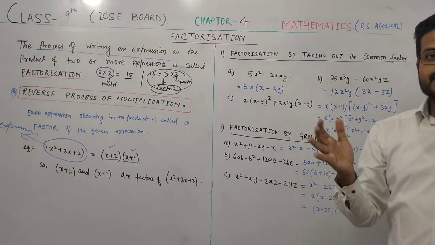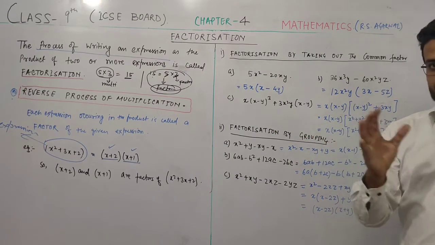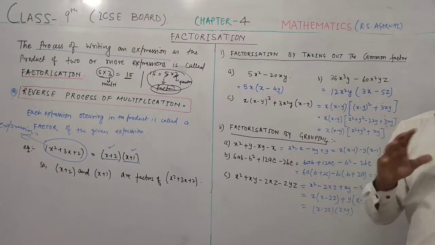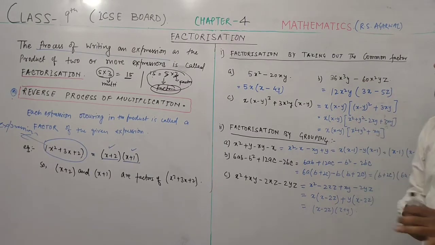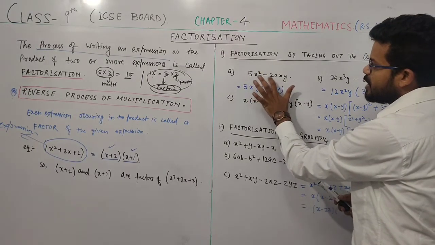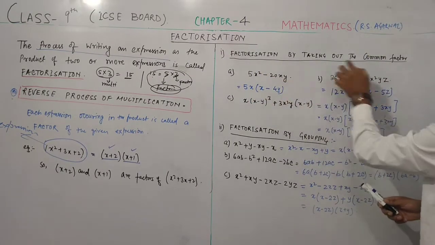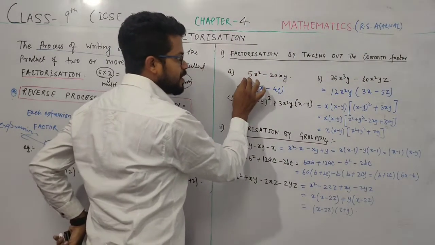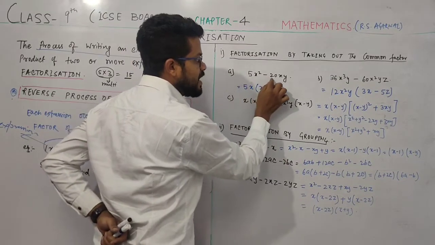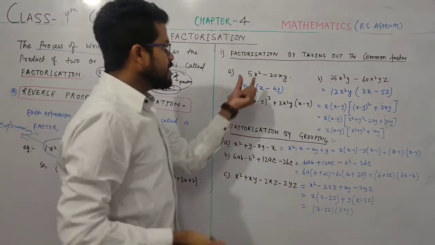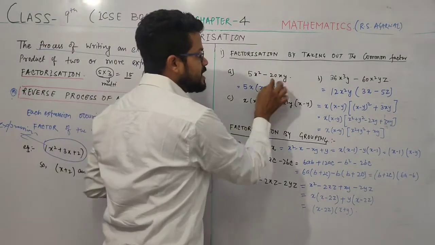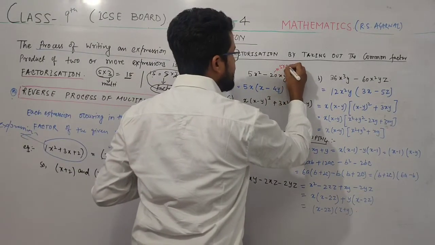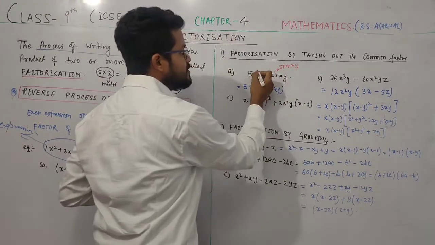If a question is given, I take the common factor from the given expression. Just like the example, 5x square minus 20xy. Here the method is taking the common factor. Firstly I look here: this is 5x square and minus 20xy. What is the common term here? This 20 is a multiple of 5; I can write it as 5 into 4xy, and this is 5x square.